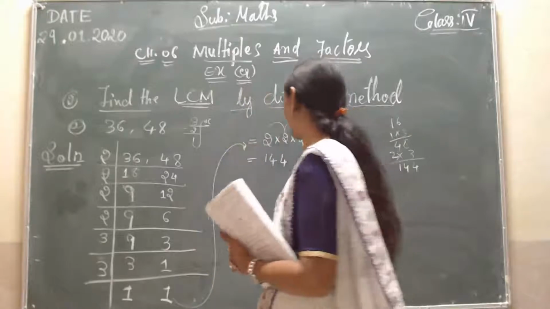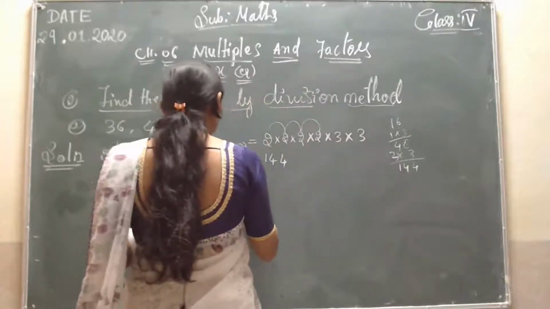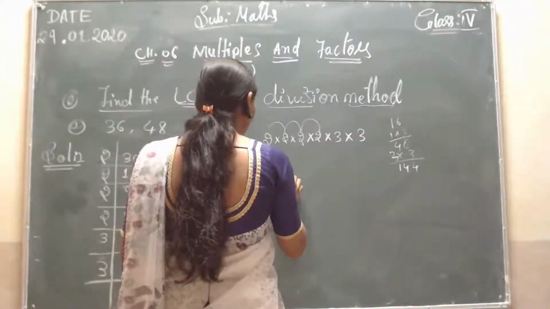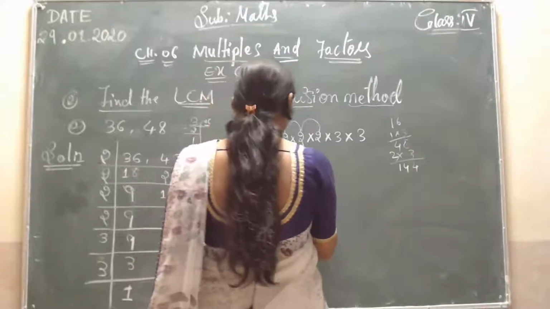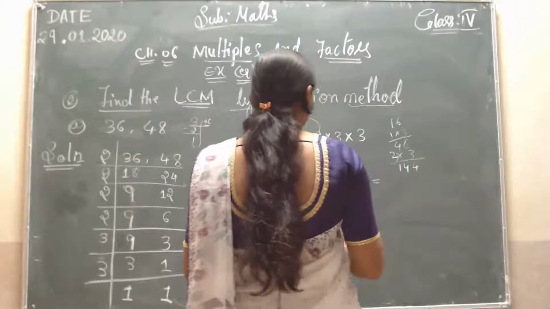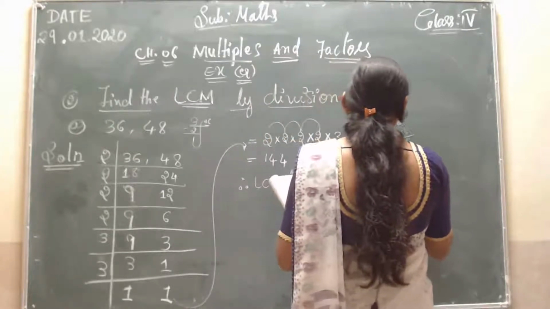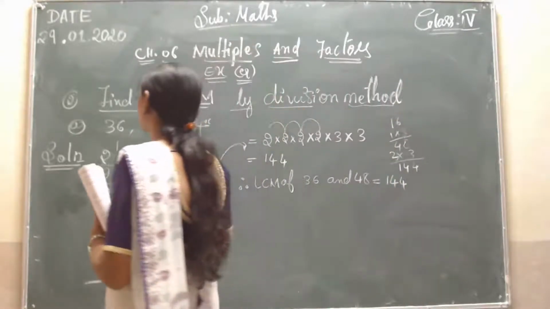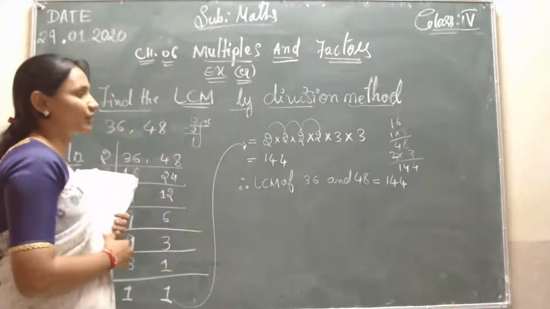So you have to write here: therefore, the LCM of 36 and 48 is 144. Students, this is the LCM of 36 and 48.